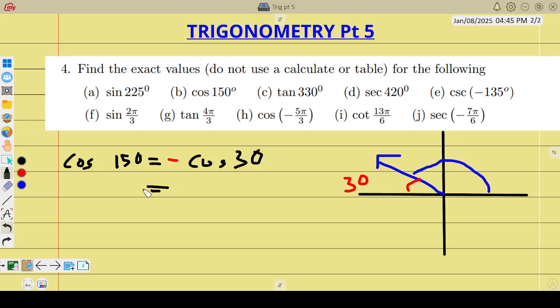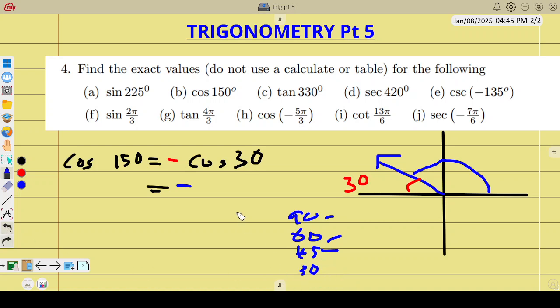So what is cos 30? If you remember the hand rule, we had 90, 60, 45, and 30. For cos, we count the things on top of the angle of interest.